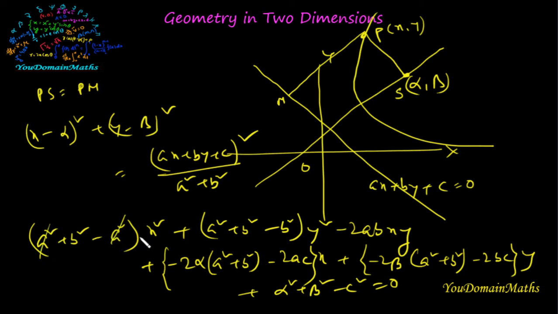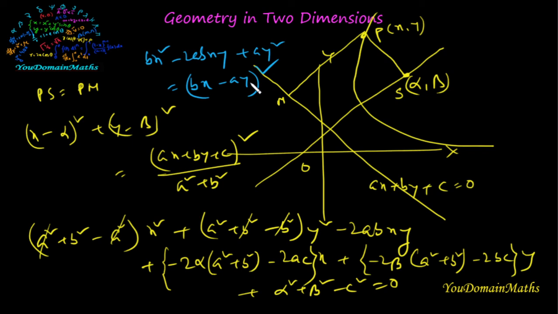Here a square is cancelled by plus and minus, and plus b square by minus b square. So look at the second degree terms, that is b square x square, a square y square and minus 2abxy. So we can write the only second degree terms here as b square x square minus 2abxy plus a square y square, and this must be a square form, that is (bx minus ay) whole square.